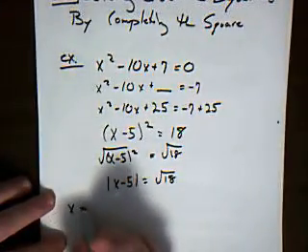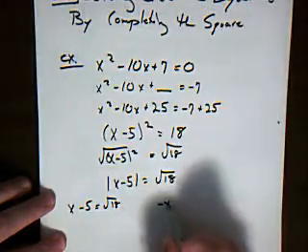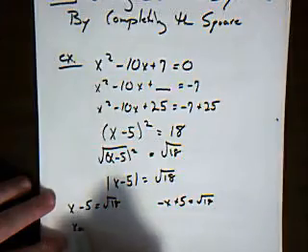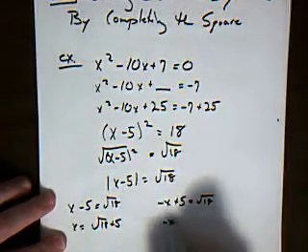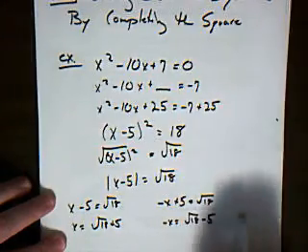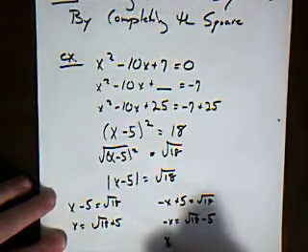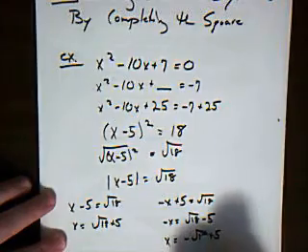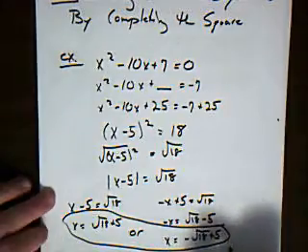So then you're left with x minus 5 equaling the square root of 18, and x minus 5 equaling negative the square root of 18. Then you have x equals 5 plus the square root of 18, and x equals 5 minus the square root of 18. Those are your two solutions for this type of problem.